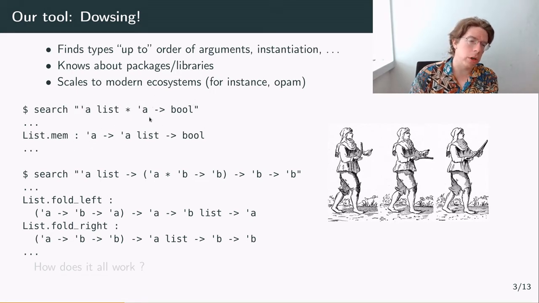Here the arguments are just reversed and it's curried instead of uncurried. And so our procedure finds types up to order of arguments, instantiation of variables, and names, and so forth. It knows about packages and libraries, and in particular it scales to modern ecosystems. So for example, we can search all of OPAM.